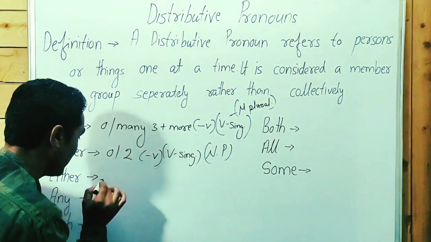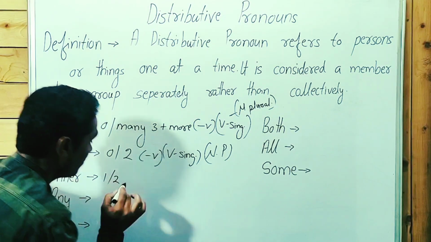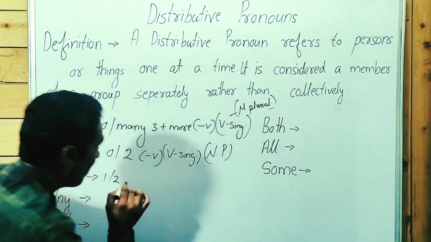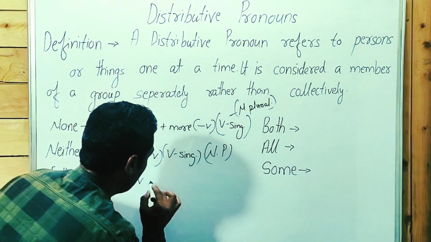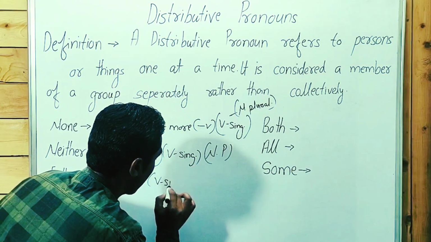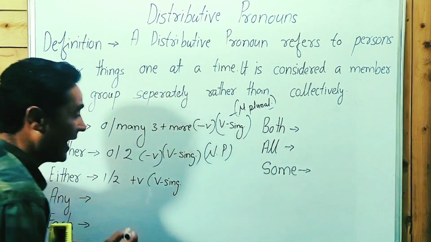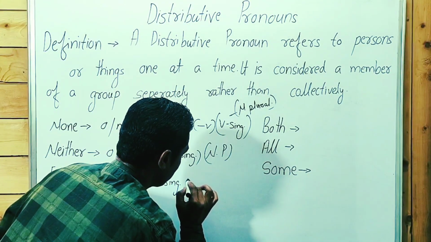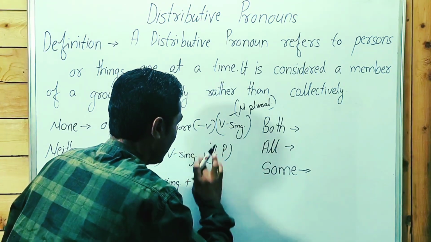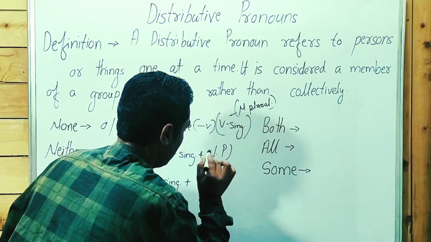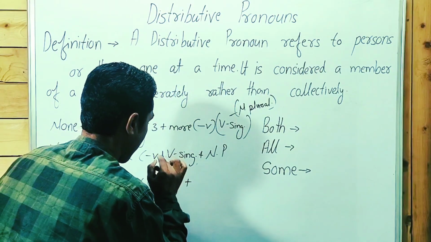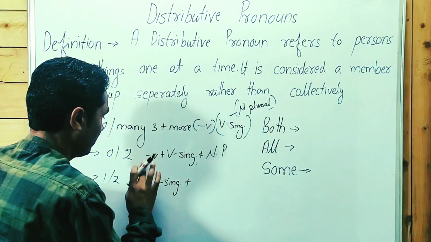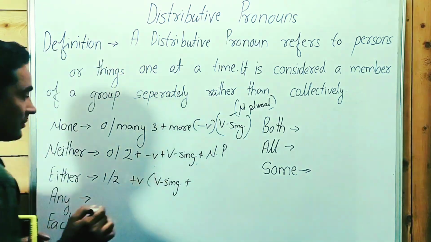Either is used for 1 out of 2. Point to be noted, 1 out of 2 in the positive sense, and it always takes a singular verb. And when we talk about the noun, let me write positive plus plural.